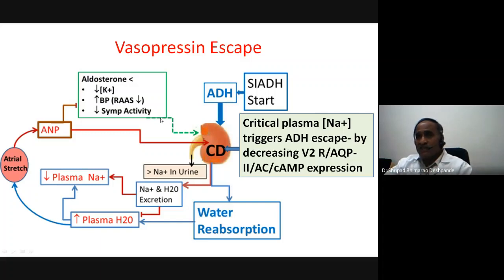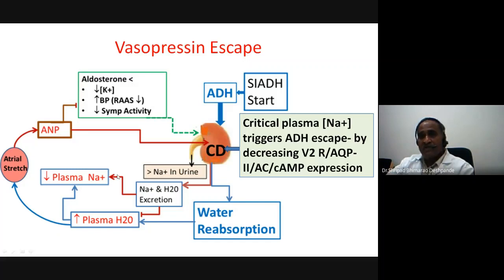So all these things put together, what happens? They will not stimulate the distal nephron to reabsorb sodium and water. If the sodium is not reabsorbed, the sodium is eliminated in the urine. Once the sodium is eliminated in the urine, that means sodium loss, and sodium cannot go alone, it always goes with the water.